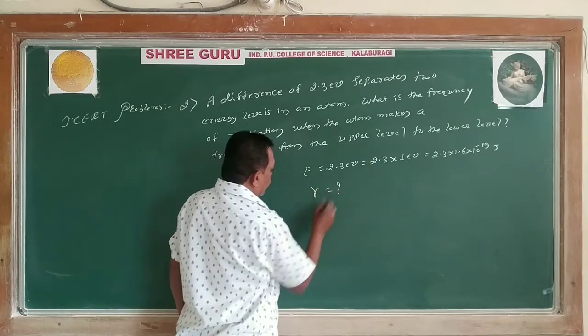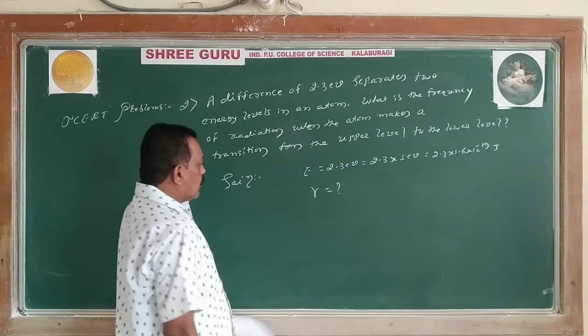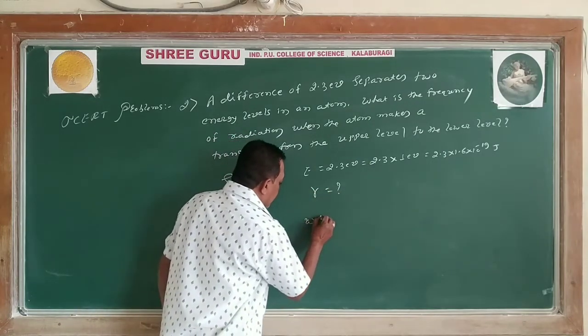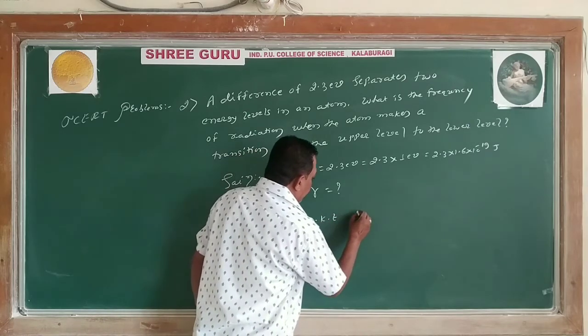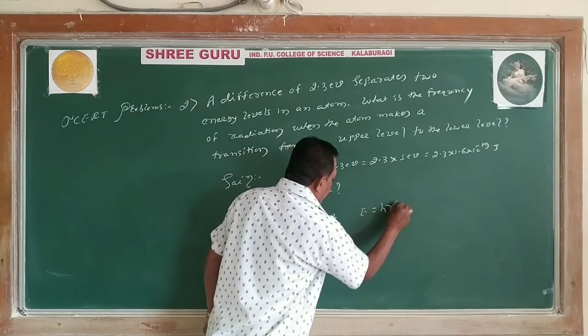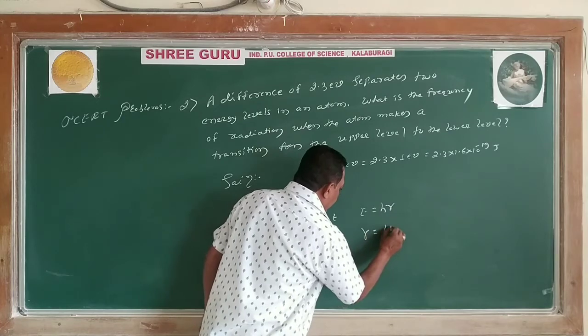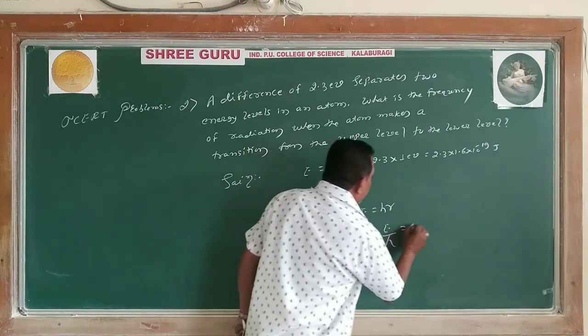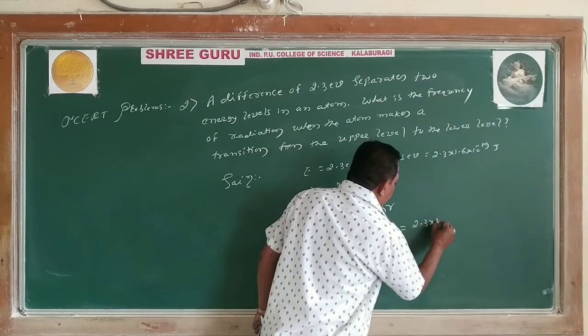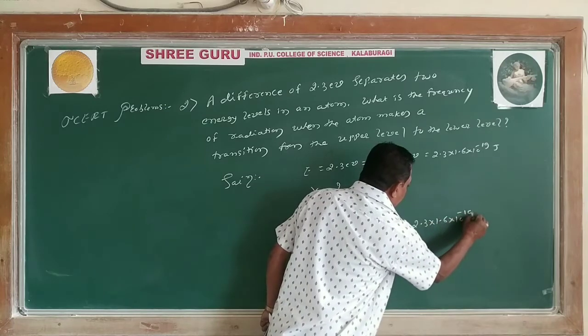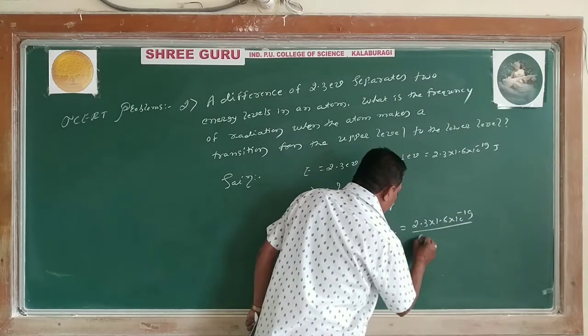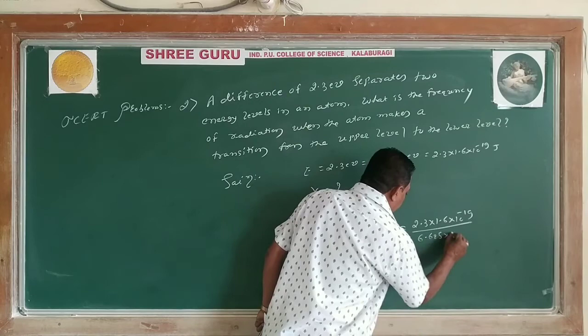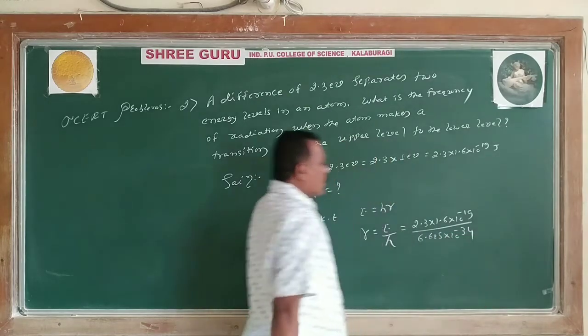What is nu? We know that when the electron jumps from higher orbit to lower orbit, energy emitted E equals h nu. So nu equals E by h. E equals 2.3 into 1.6 into 10 to the power of minus 19. Planck's constant is 6.625 into 10 to the power of minus 34.